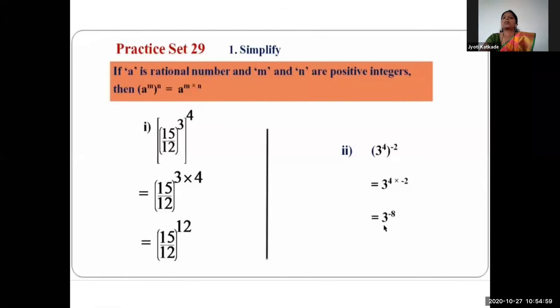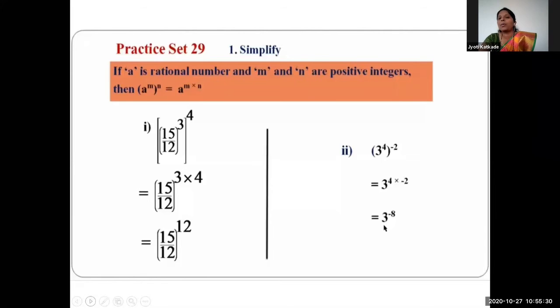Second. Okay. All examples are the same there. Power of power is given. Okay. 3 is a base, and the power of 3 is 4. Again power is there, minus 2. Now when the power is minus 2, then the base is 3 raised to 4. Means power of power, that is 3 raised to 4 bracket raised to minus 2.